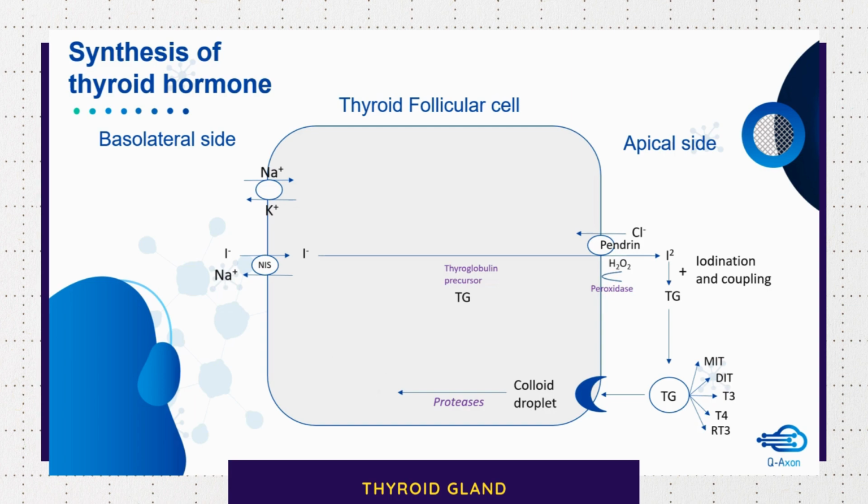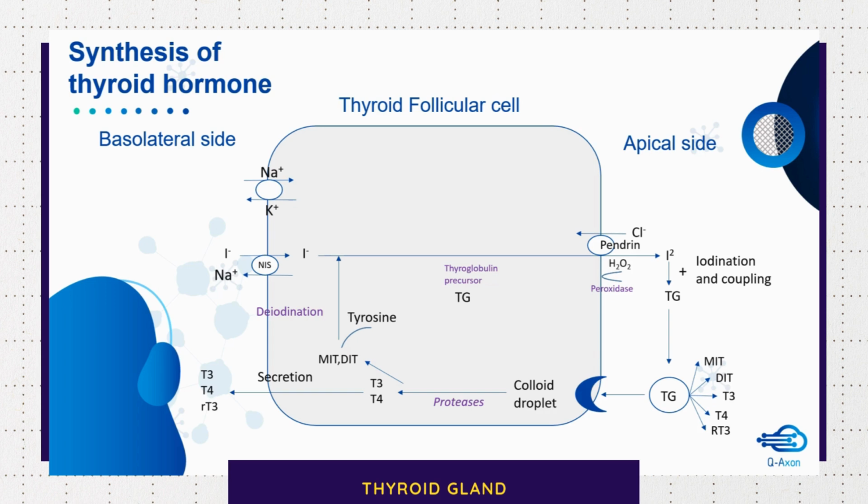Now this molecule is digested by proteases, and T3 and T4 are released along with MIT and DIT. These hormones T3 and T4, by the process of exocytosis, are secreted to the basolateral side.